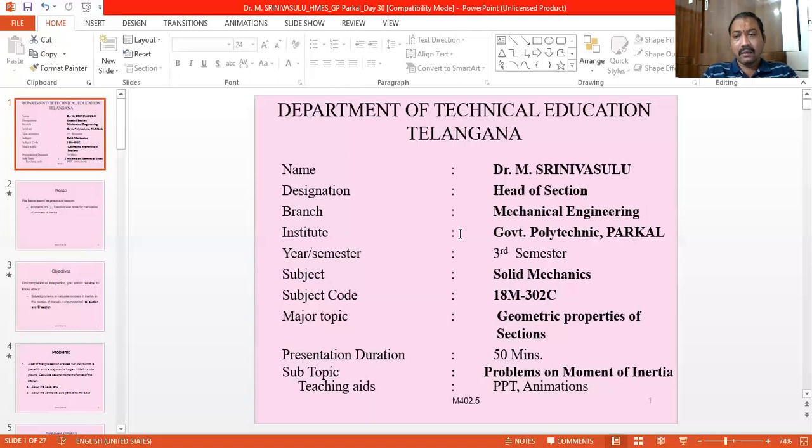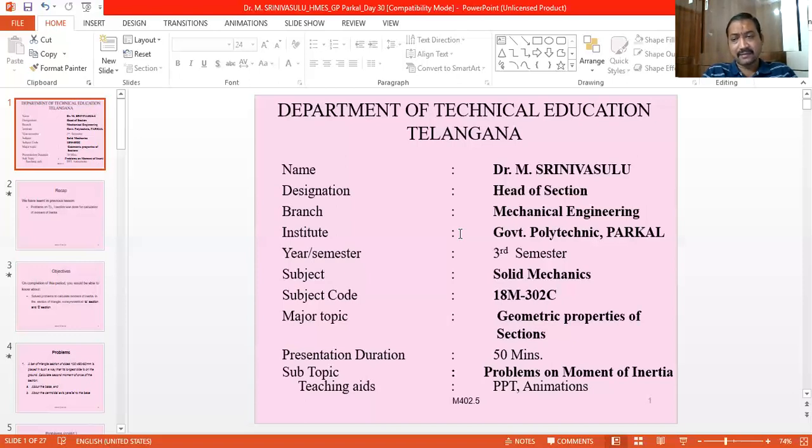Only thing is, whenever a figure is given, it is composed of some standard figures. So firstly, you have to divide the given figure into 1, 2, 3 standard areas, maybe rectangles, triangles, or arcs. Then you have to define the reference axis, that is, the bottommost will be the 0 point for the y-axis and the leftmost edge is the 0 point for the x-axis.